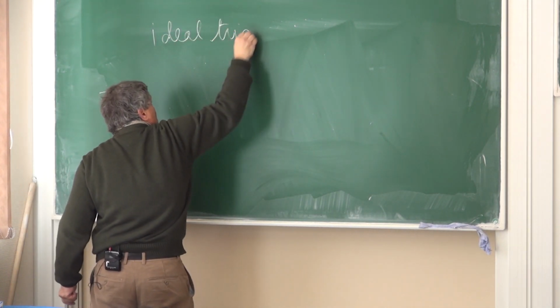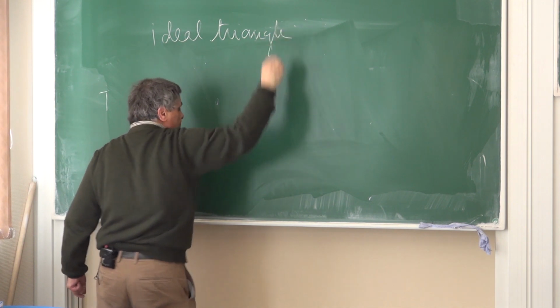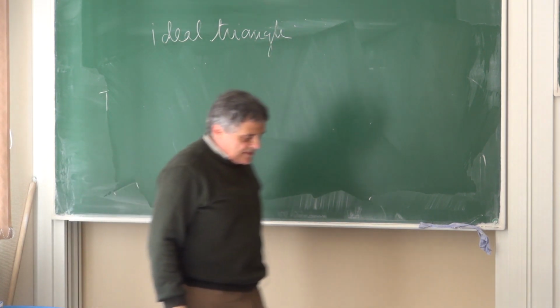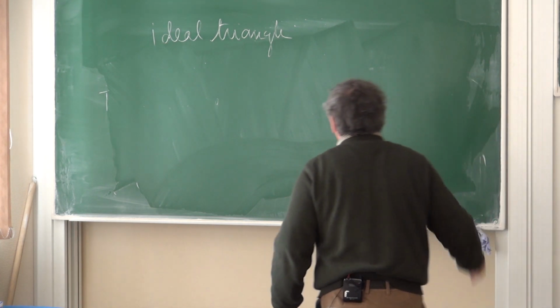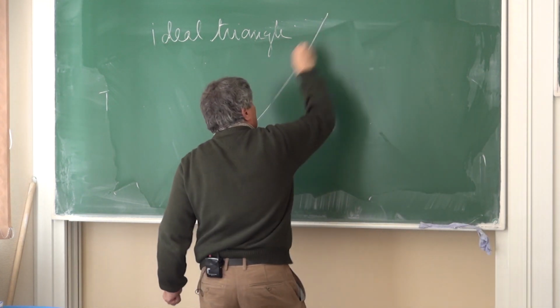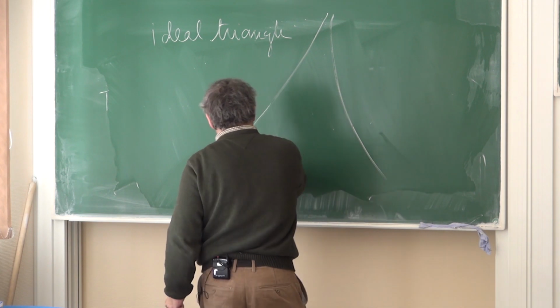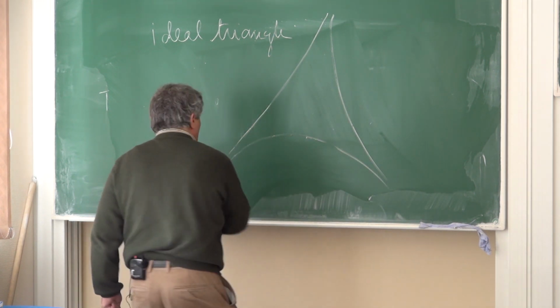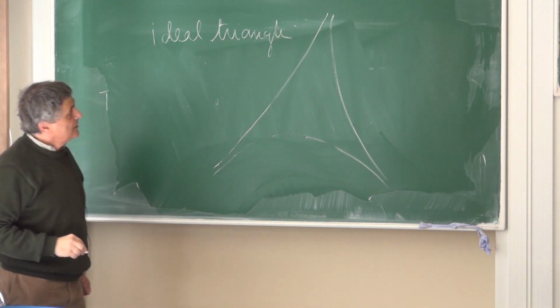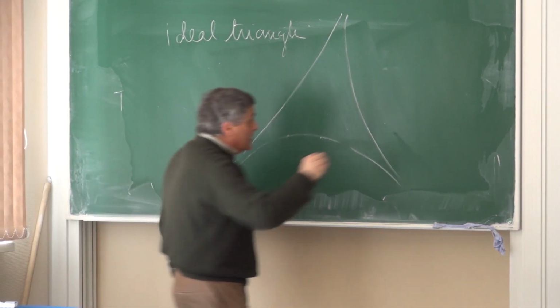Ideal triangle. This is a triangle whose three vertices are at infinity, so it's a triangle in the hyperbolic plane. You can draw it like this.